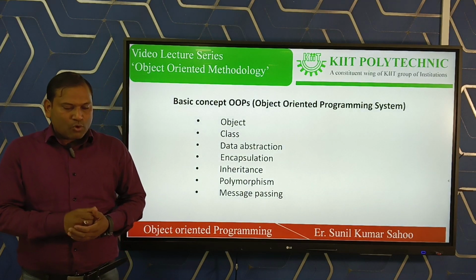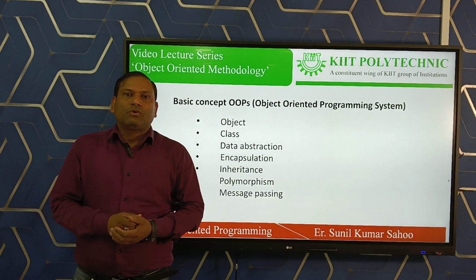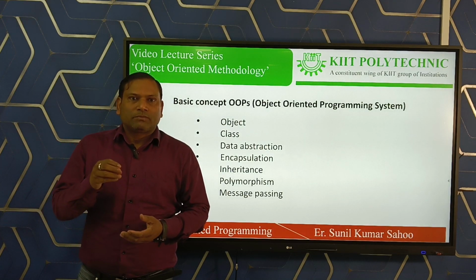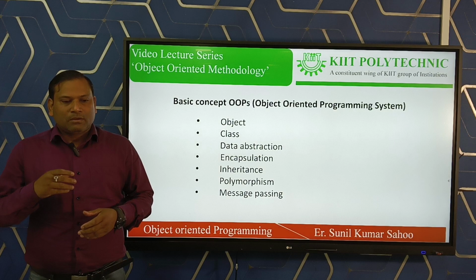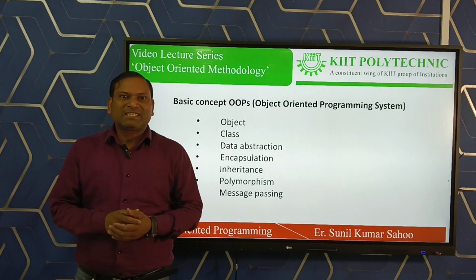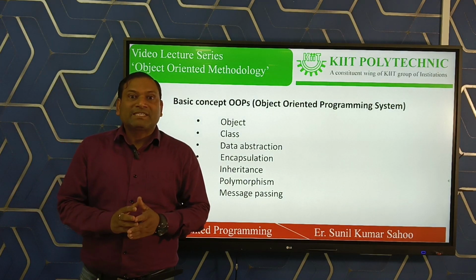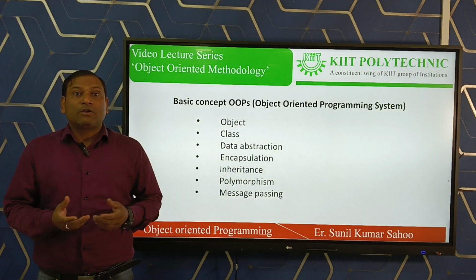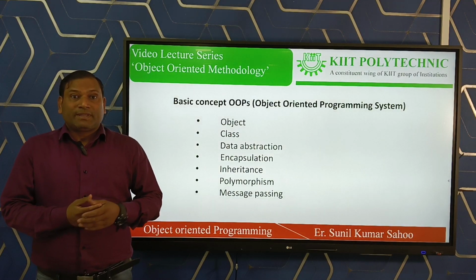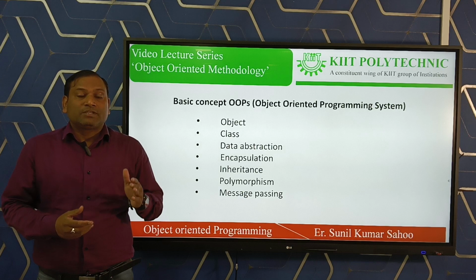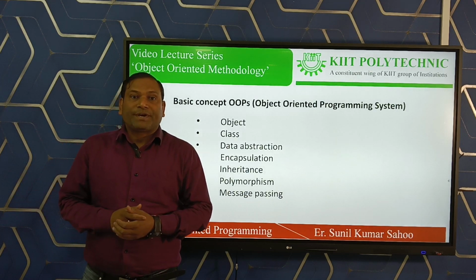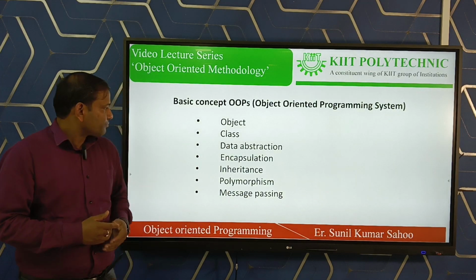For example, whenever we want to download one software from the Play Store, at this stage we can get the exe file of the software. We cannot get the source code of the program. That's why abstraction is one of the features of object oriented programming language.